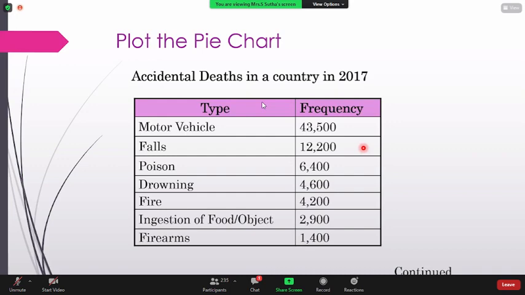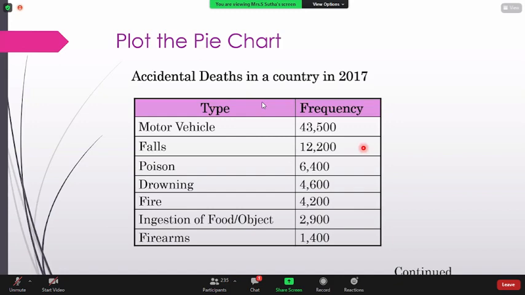What decision can you make from this frequency distribution? Most deaths in 2017 occurred by motor vehicle accidents, right?